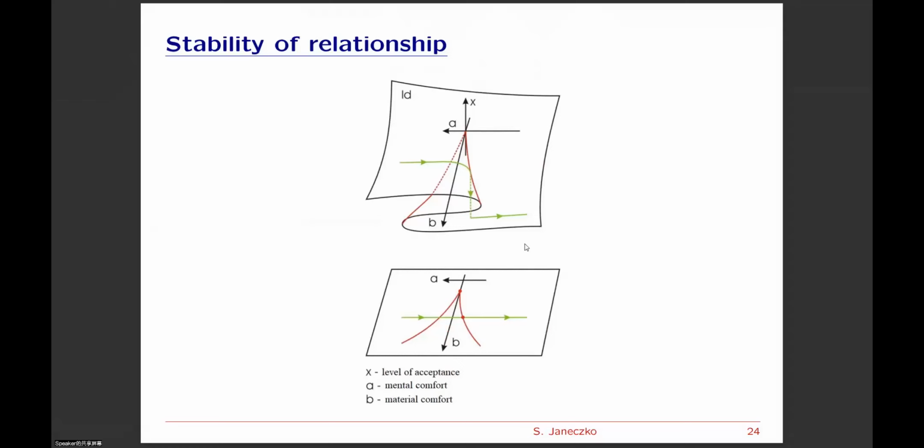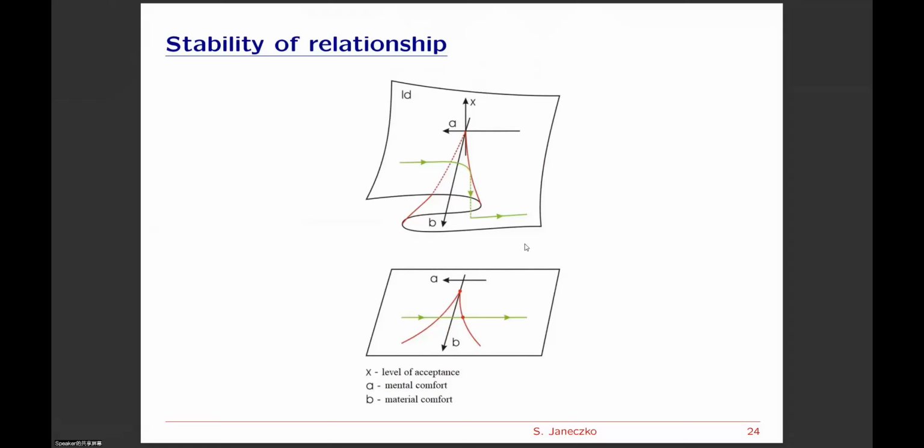And on that parameter, you have no influence. You can't just say, oh, accept me, and she accepts you. No, it is the result of some interaction. So where you are on that parameter is a result of your deep interaction.